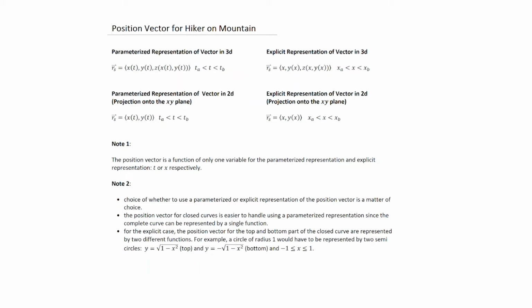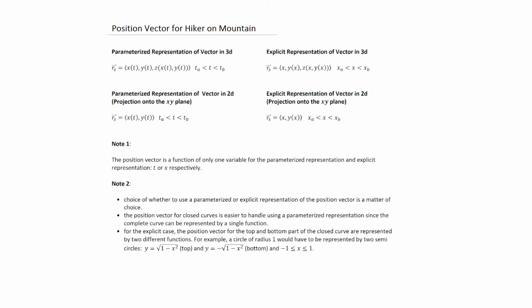And the z component will be a function of x and y, but y will be a function of x. If we then look at the projection onto the xy plane, which ends up being a 2D vector, all we're doing is removing the z component and rewriting the vector with only two components. Again, just a reminder: position vectors, which trace out a contour, are a function of only a single variable.